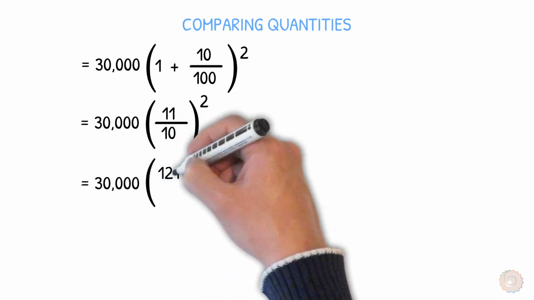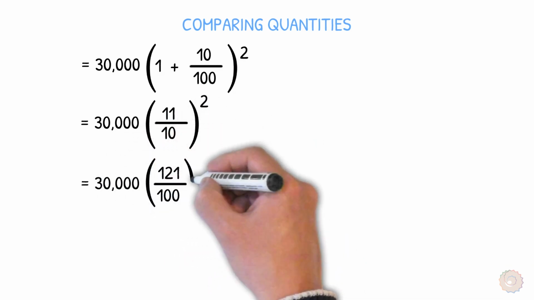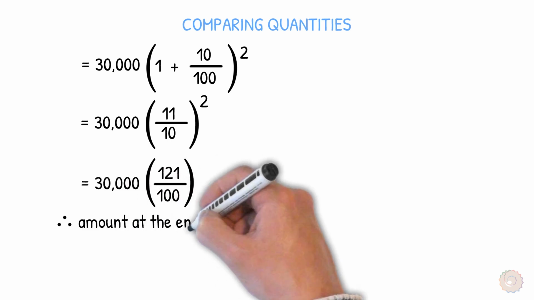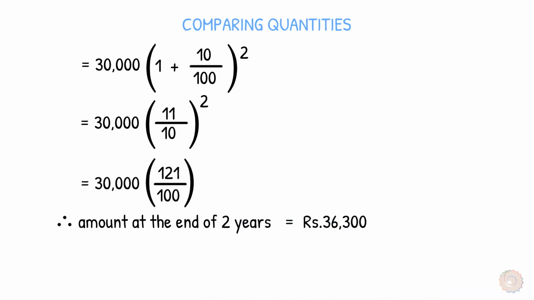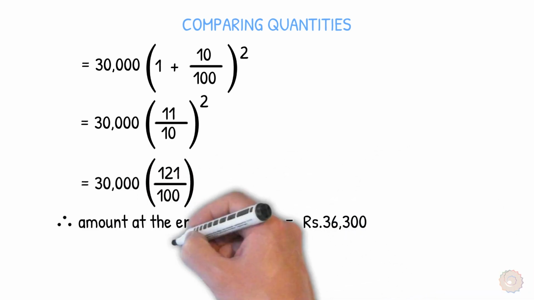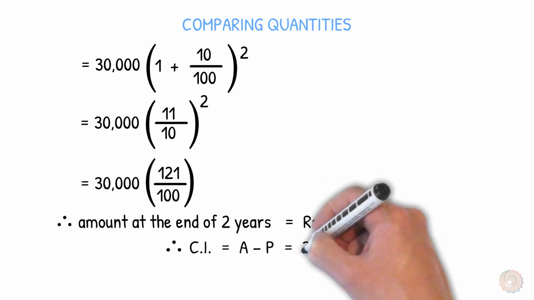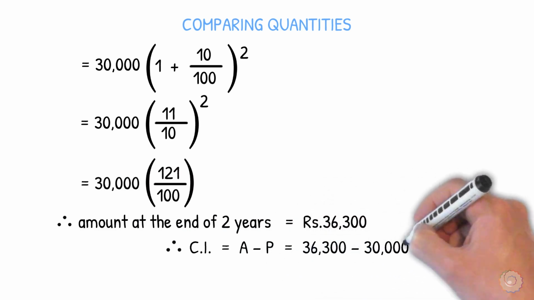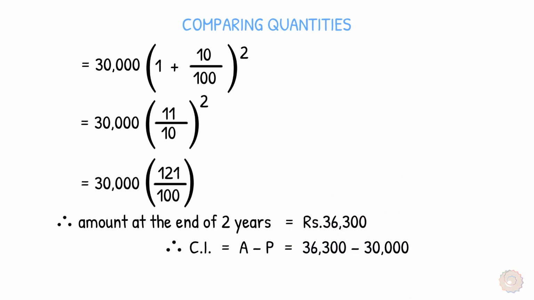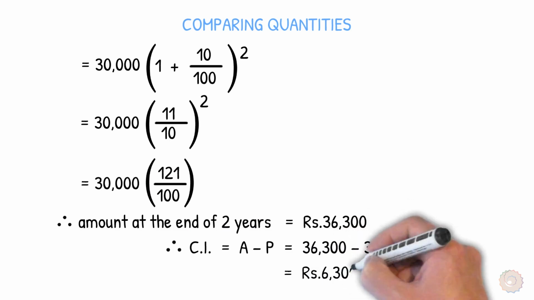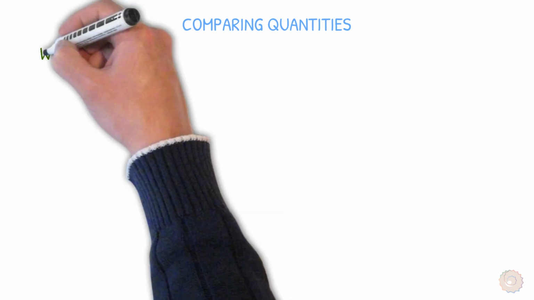That is 30,000 into 121 by 100. Therefore, amount at the end of 2 years equals rupees 36,300. Therefore, CI equals A minus P, that is 36,300 minus 30,000, that is rupees 6,300.